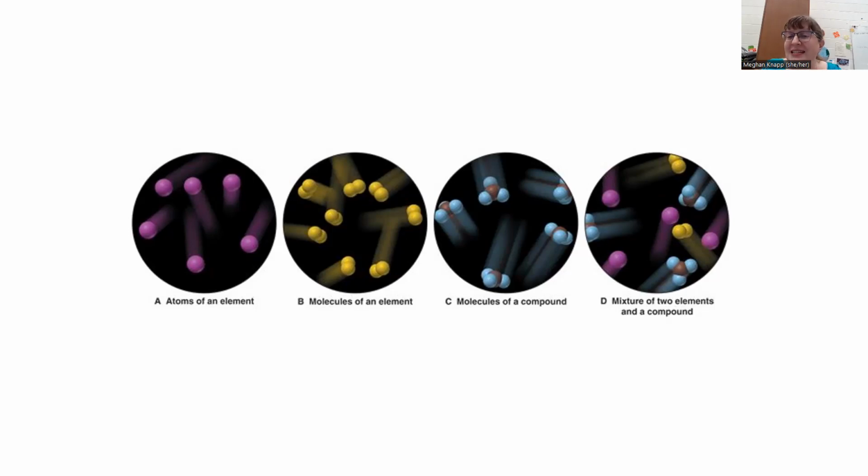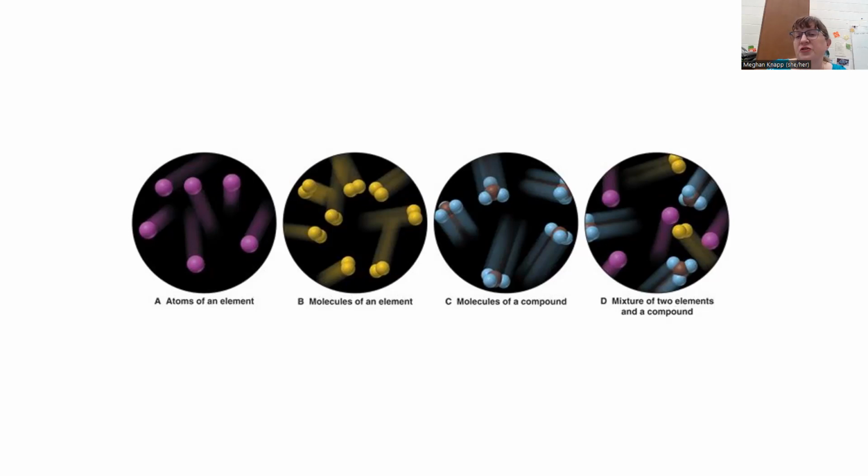In contrast, in D, we have a mixture. So we can see we have all the different kinds of particles, the individual atoms, the diatomic molecules of the elements, the compound. And so when we have different elements in here, it's not just that there is more than one element, but that each particle might look different from the particles next to it.